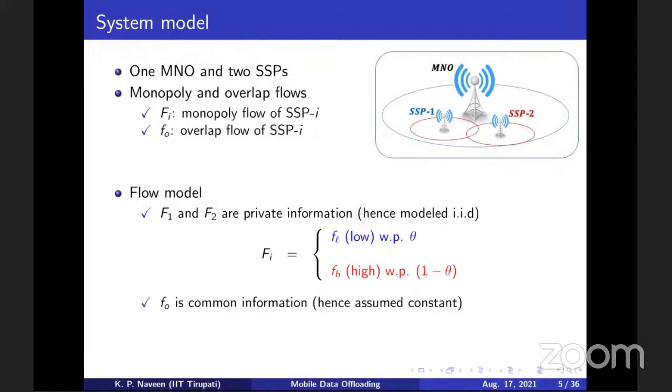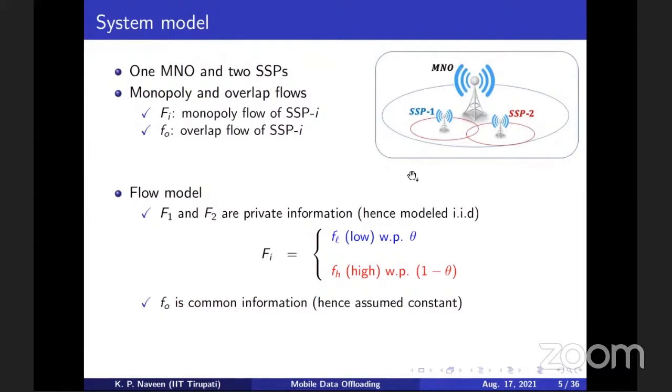Later we'll generalize it to a setting comprising multiple flows of several different flow levels. When I say private information, SSP1 knows the information about F1 but not about F2, and vice versa at SSP2. That's what I mean when I say that F1 and F2 are private information.